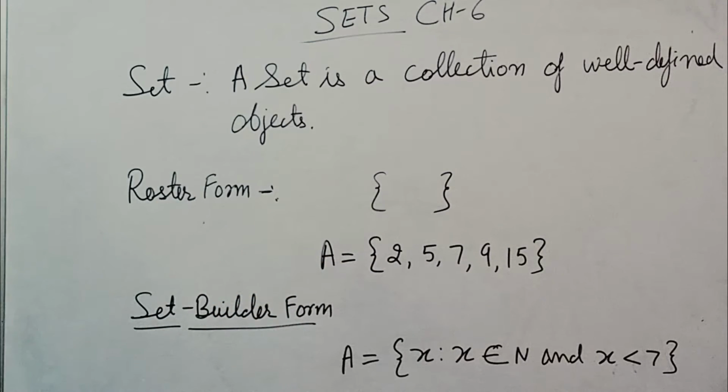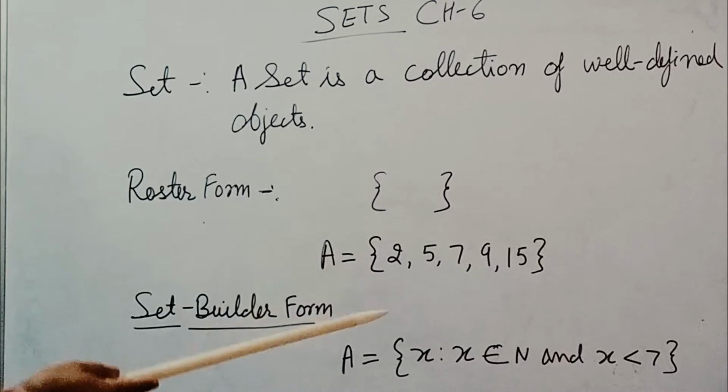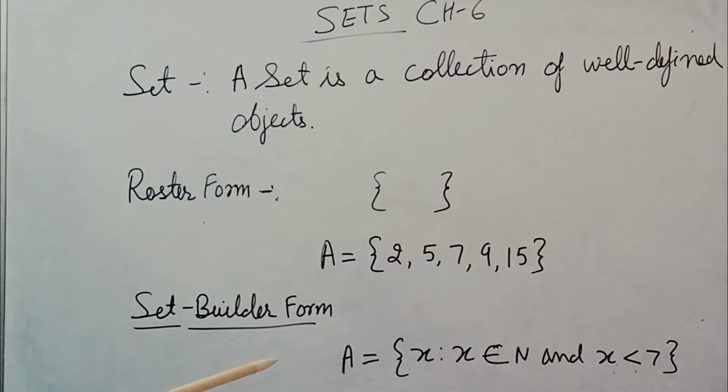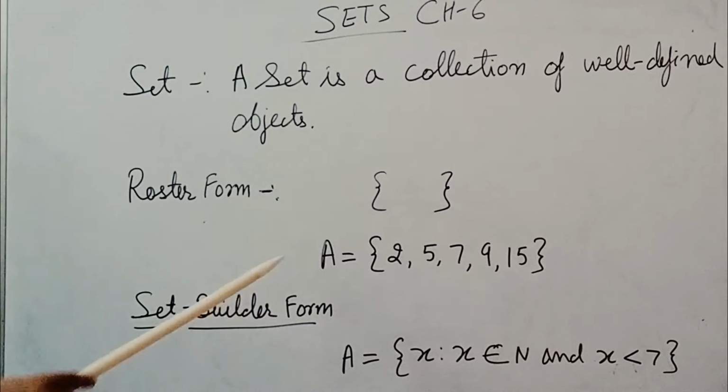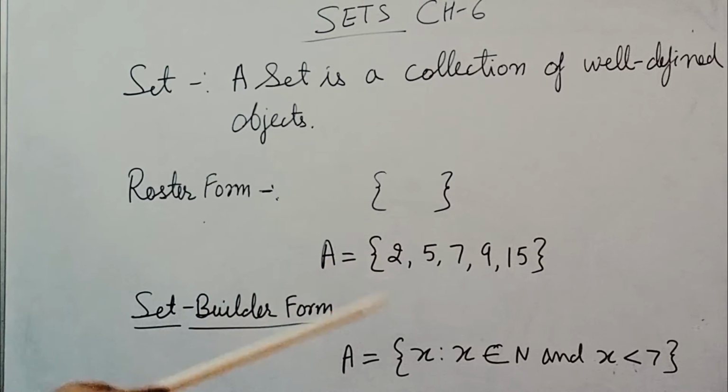Now the second is set builder form. What is the set builder form? The same set A we can write in a formula basis. When we write not in the form of 2, 5, 7, 9, 15, but we write a formula.